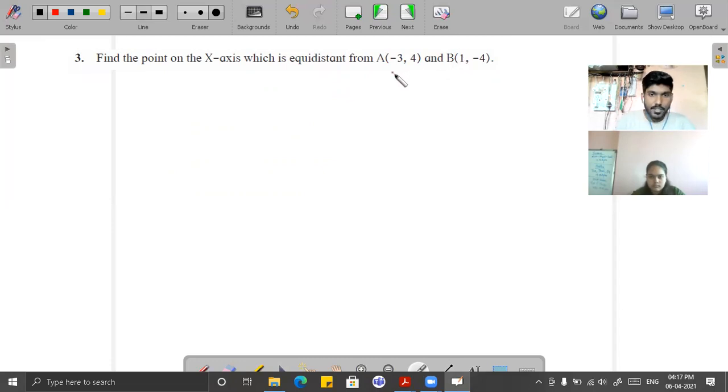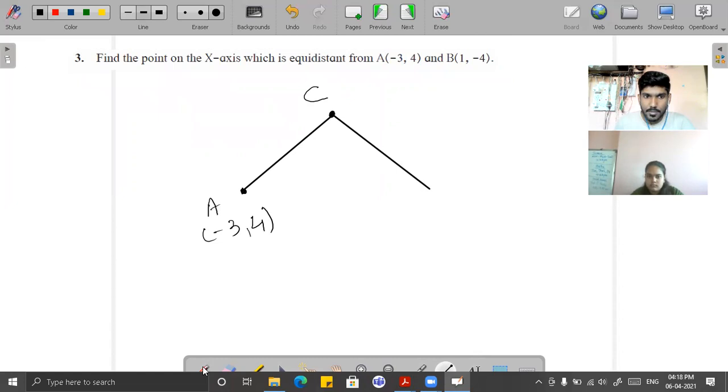Now let's try to picture this. There is some point here which lies on the x-axis. Suppose I call this point C. This point lies on the x-axis, and this point is at equal distance from point A that has coordinates -3, 4, and from point B that has the coordinates 1, -4.